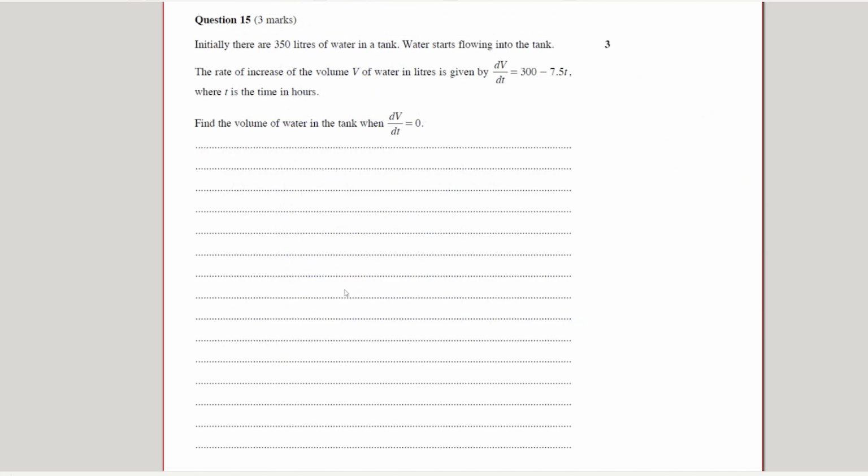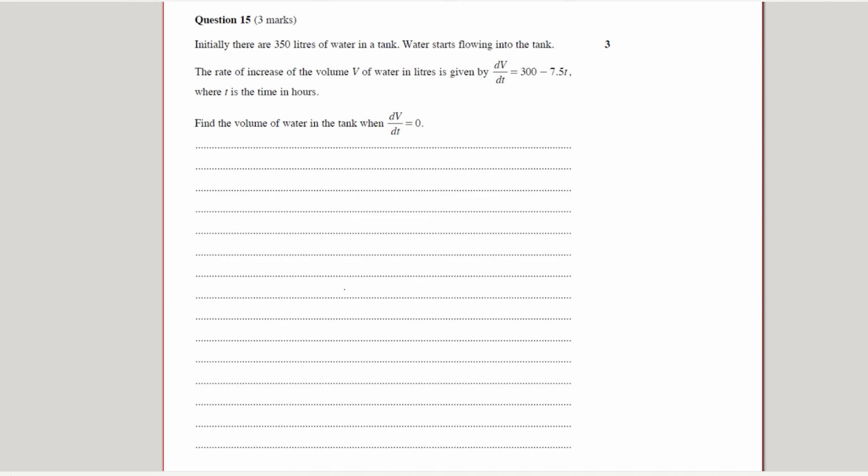Question 15 talks about water in a tank. This is a rate of change type of question. So now what you're trying to find is the volume of the water in the tank when the change of volume equals 0. Okay, so first let's see, what's the volume in the tank first. To find the volume in the tank, you have to integrate with respect to t.